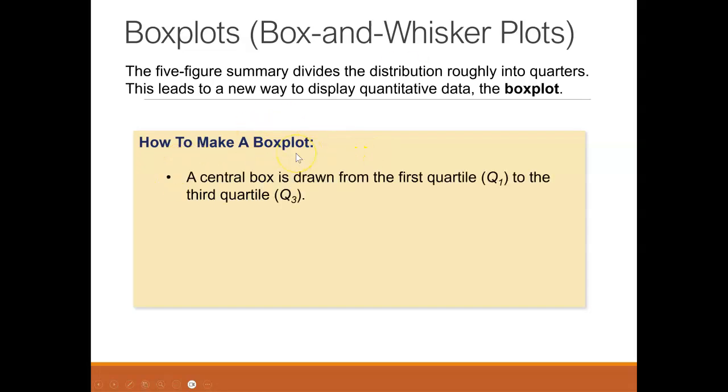To do this, we draw a central box from the first quartile to the third quartile. So we have a number line, and we make our box using Q1 to Q3. Then we draw a line through the box where the median is.